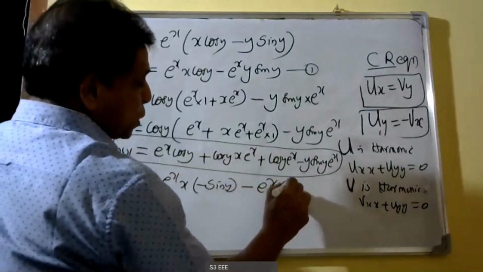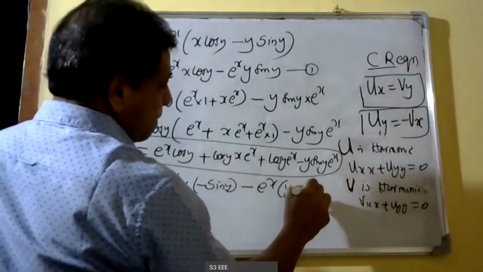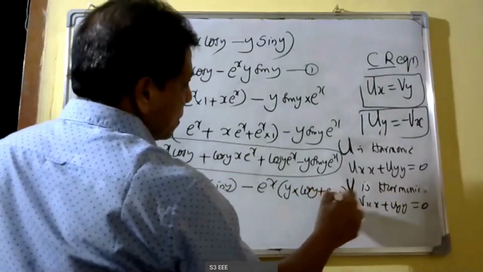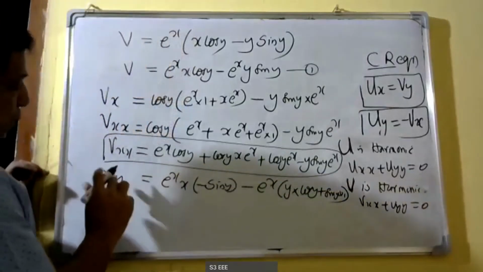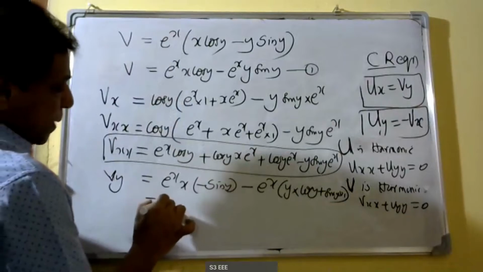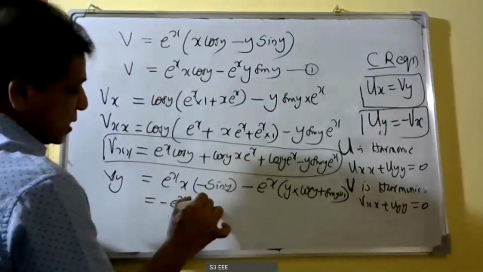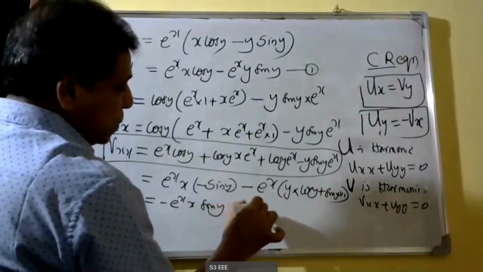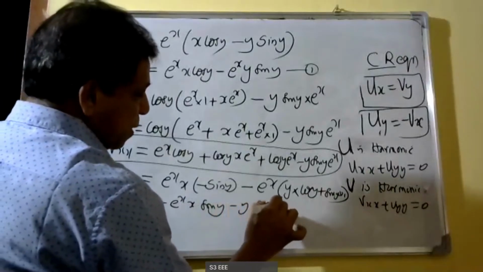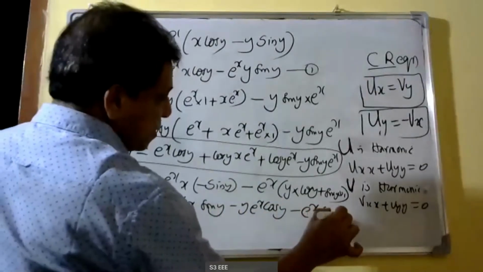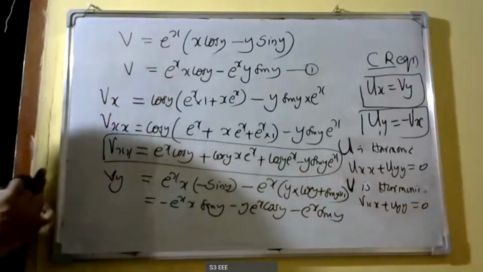For y sin y, apply the product rule: y into cos y plus sin y into 1. Therefore, minus e raised to x into x sin y minus y into e raised to x cos y minus e raised to x into sin y. This is known as Vy.